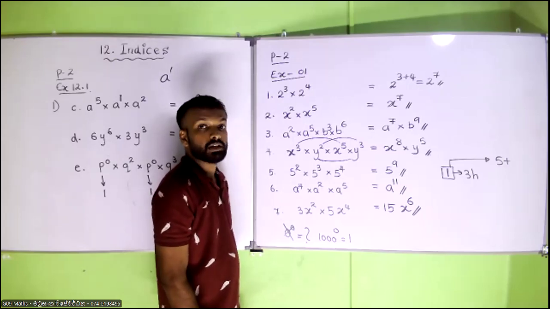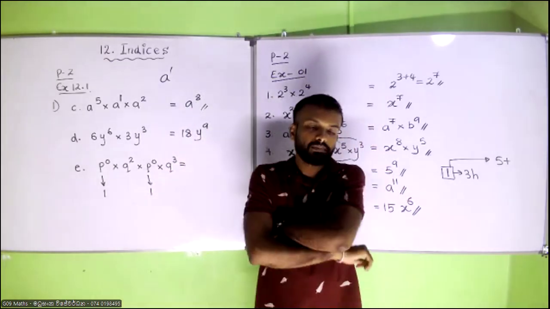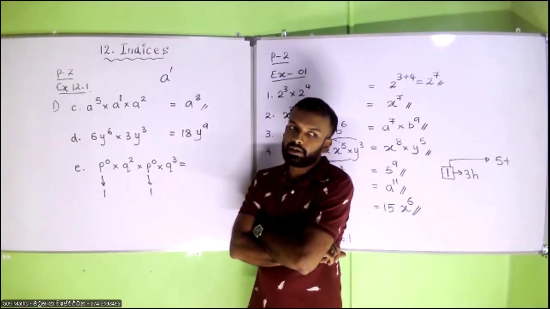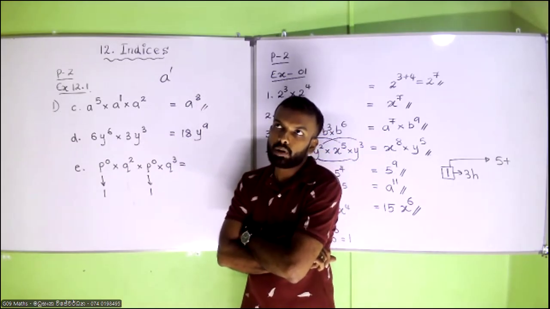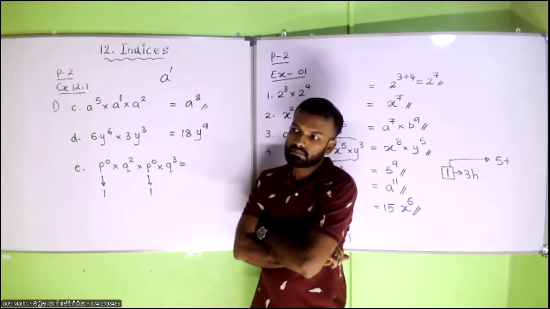Clear? Tell me, 10 to the power 0, what is the value? 1. Then t to the power 0. 1.